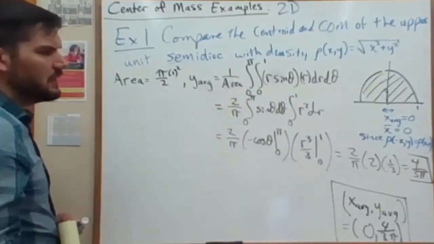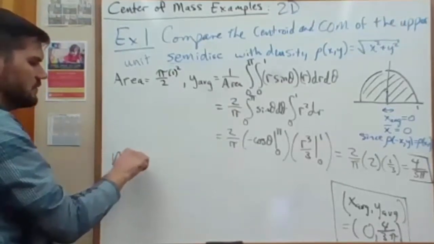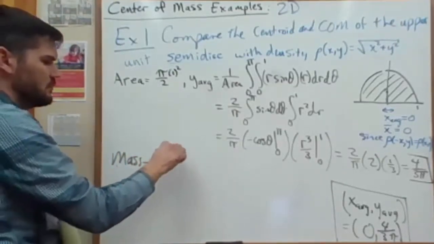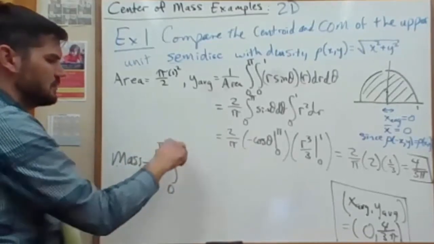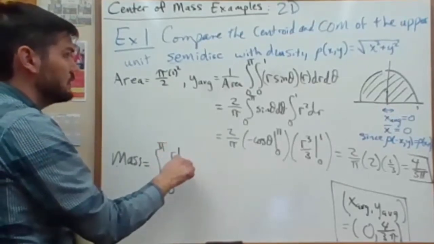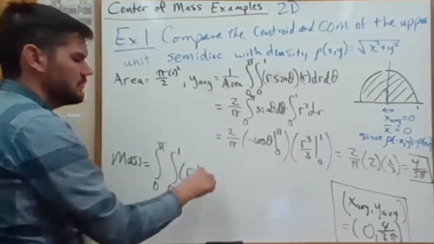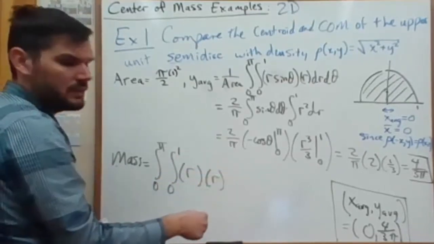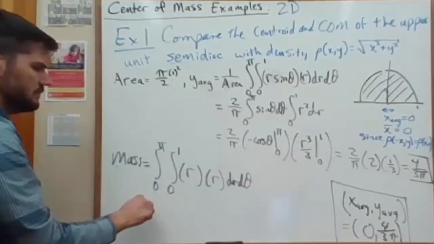Since we'll be doing the same limits, let me first calculate mass. Of my density function, r, my Jacobian, r, dr d theta.